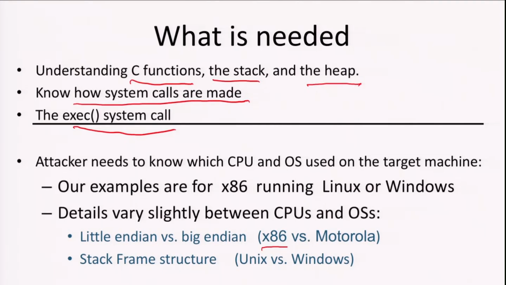For example, x86 is little endian, and Motorola is big endian, so whether the most significant or least significant bits are placed first depends on the architecture. Also, the structure of the stack frame slightly differs between Unix and Windows.